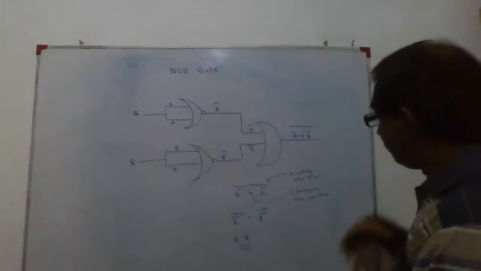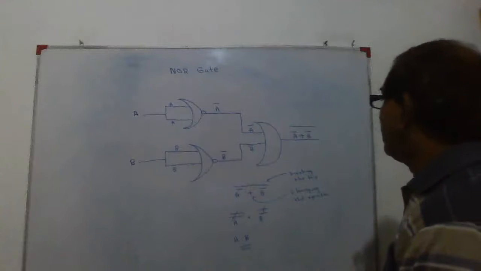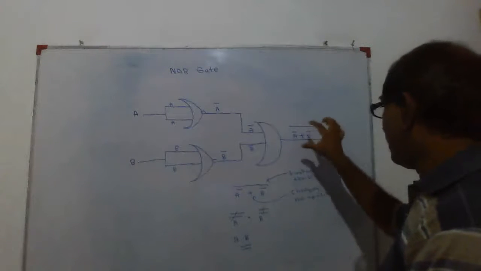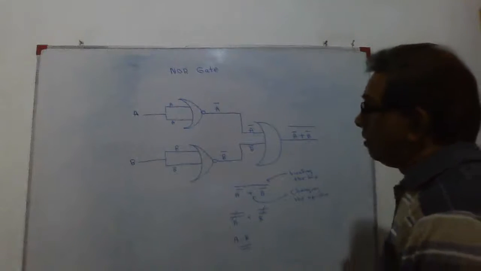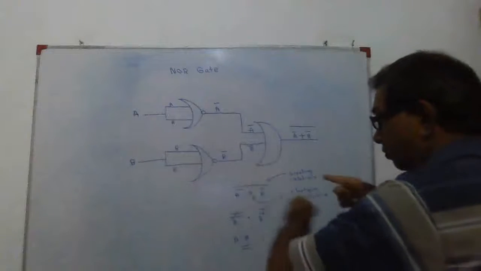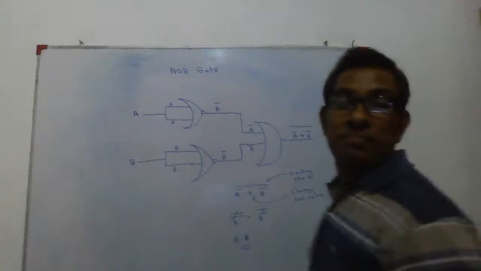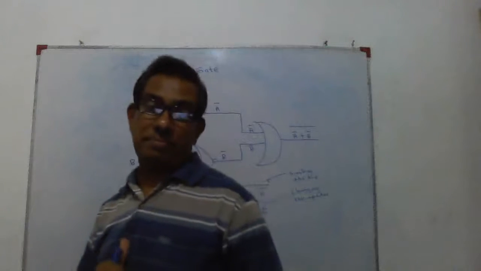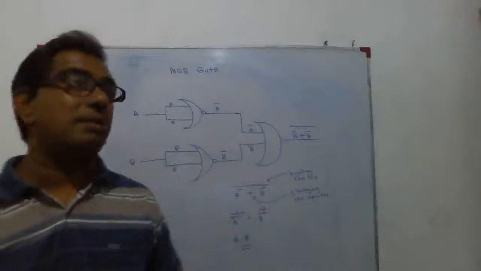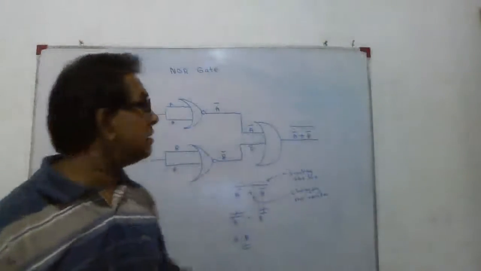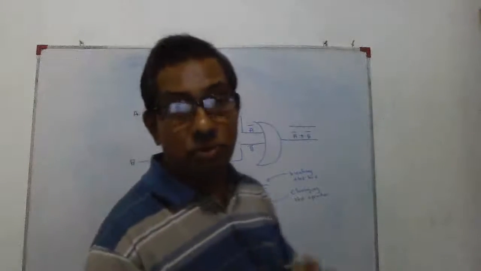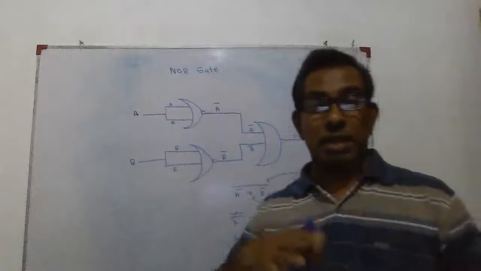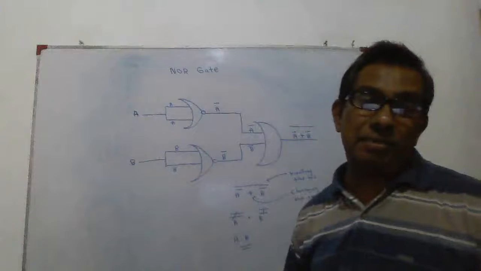After getting this, that A bar O B bar full dash should be equivalent to A O B. So using a big truth table, you can get the same. But I don't use a truth table here. Even in the teacher's guide, they haven't used truth tables for this. But you know how to draw truth tables. If you need, you can apply it and get the idea.